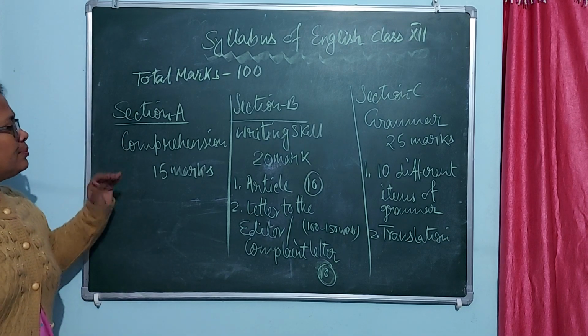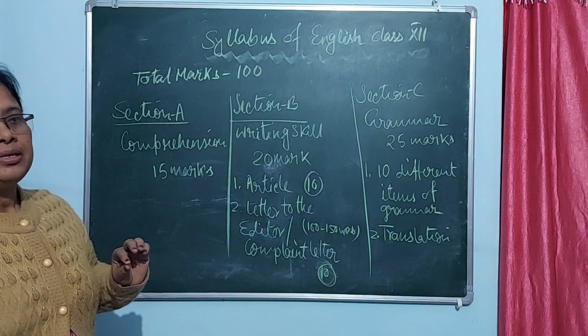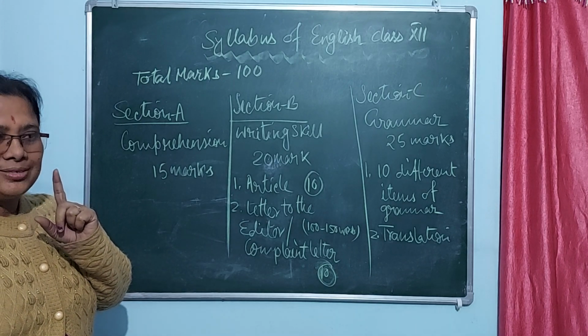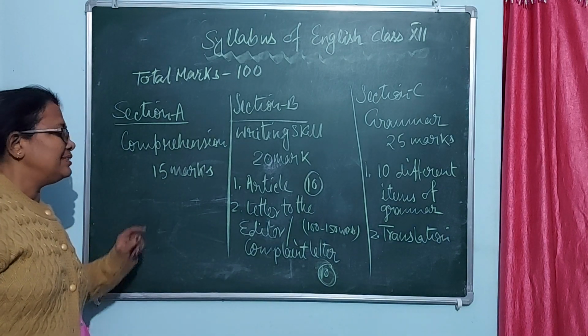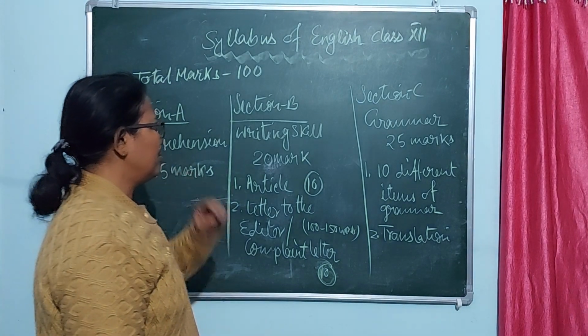So Section A, comprehension, 15 marks. 3 questions will be there, each carrying 4 marks, and then 3 vocabulary items also, each carrying 1 mark.